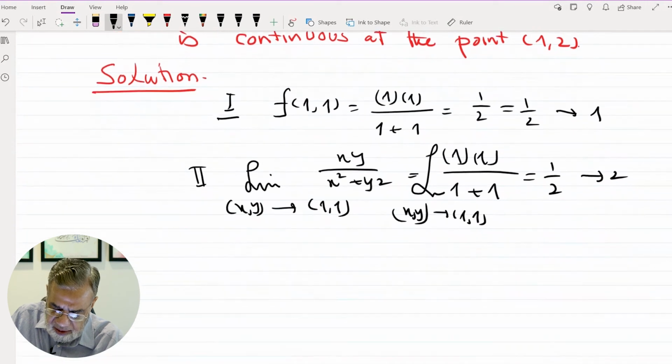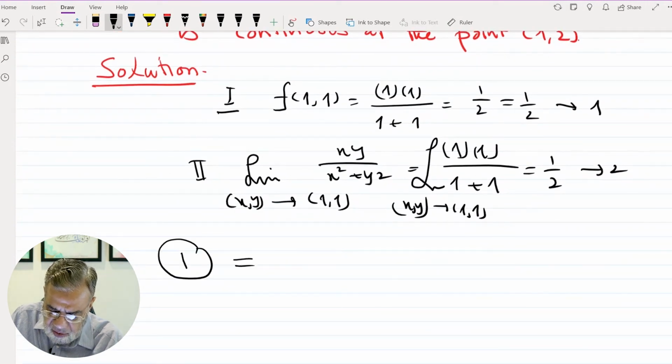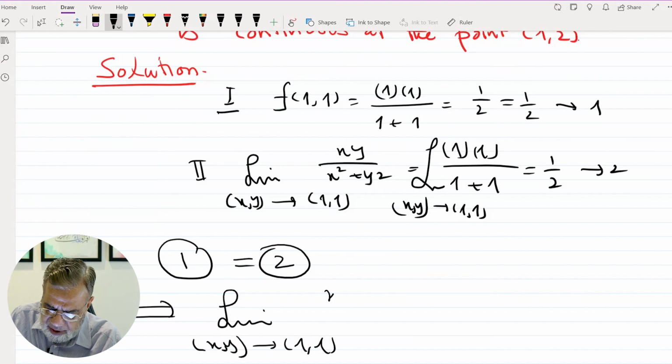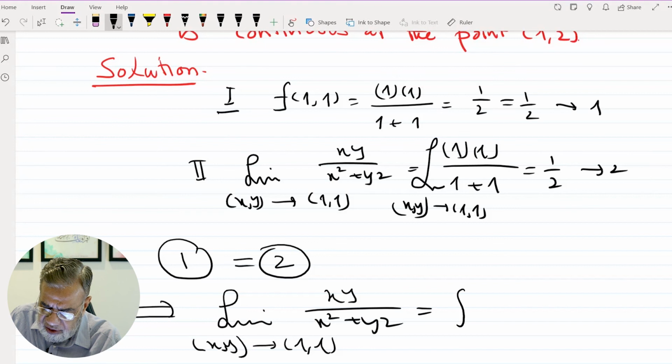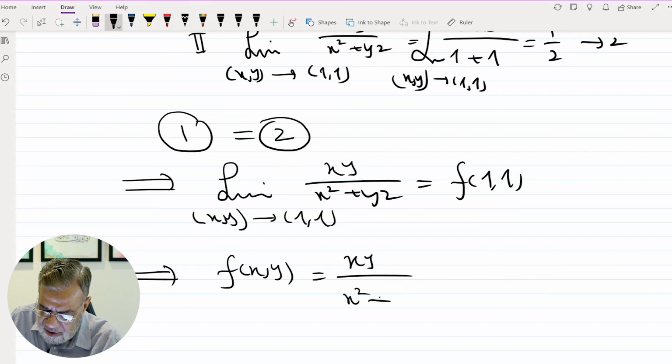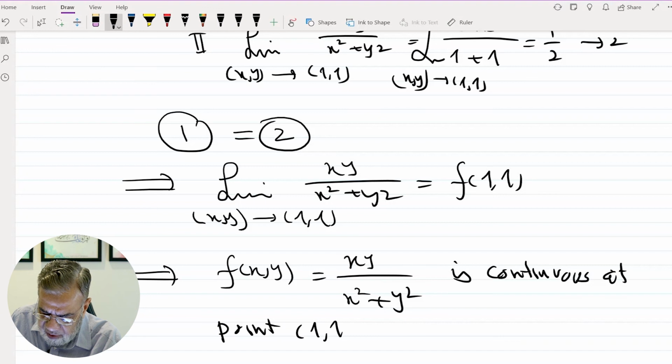We can see that number 1 is equal to number 2. What does that mean? That means the limit of the function xy over x squared plus y squared at the point (1, 1) is equal to the value of the function at the point (1, 1). This implies that the function f(x, y) equals xy over x squared plus y squared is continuous at the point (1, 1). So that's the idea.